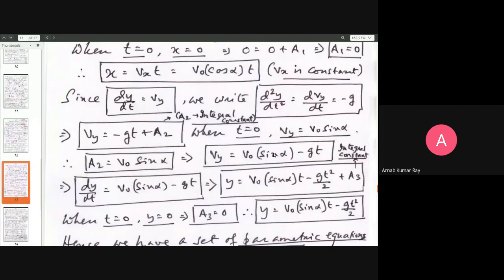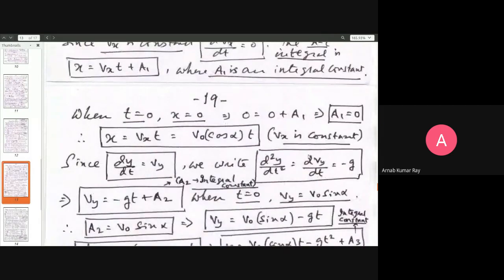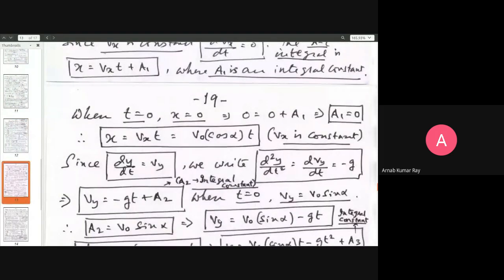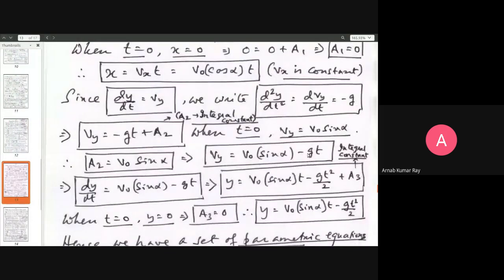Therefore, vy is equal to v naught sin alpha minus gt. That's the y velocity equation. You can see that the y component of the velocity depends on time, as opposed to the x component of the velocity, which is constant. The y component has a linear dependence on time. And by the way, this is something that you discussed in your lab problem.